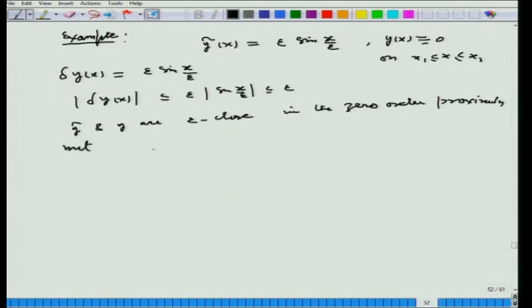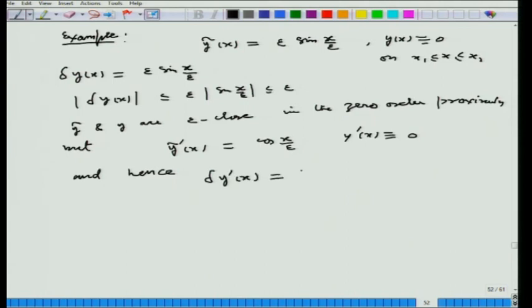but this y tilde prime x is cos x by epsilon, and y prime x is identically 0 anyway, and hence this delta y prime x is cos of x by epsilon, and its absolute value is equal to the absolute value of cos x by epsilon, which is only bounded by 1.